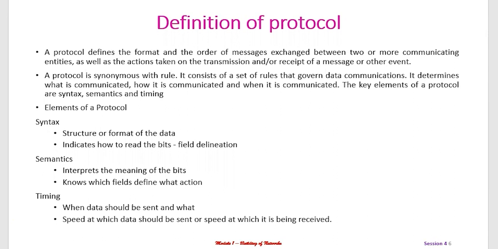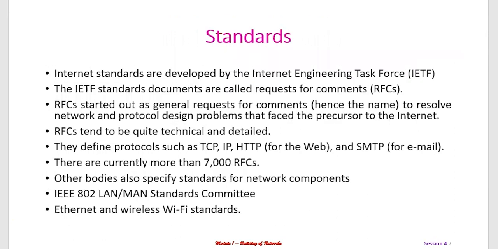And next we have standards. Standards are nothing but there are some bodies which take care of providing some kind of uniformity for things. IETF, that is Internet Engineering Task Force, is a standards body which basically develops the things that the internet has to do.